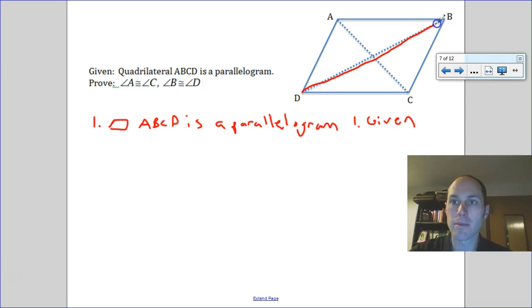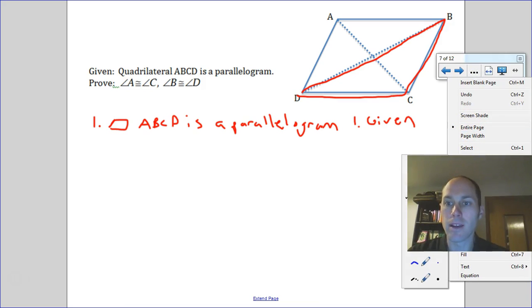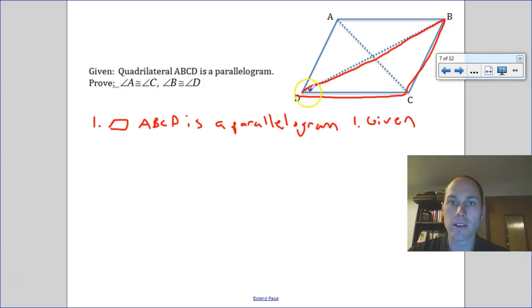Because really, we like talking about triangles in geometry. So if we make a couple triangles, and we can prove the triangles congruent, then we can prove corresponding parts of congruent triangles congruent.